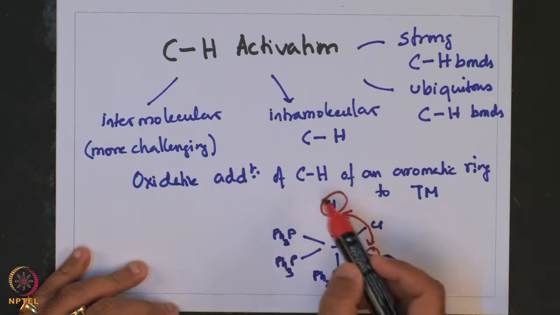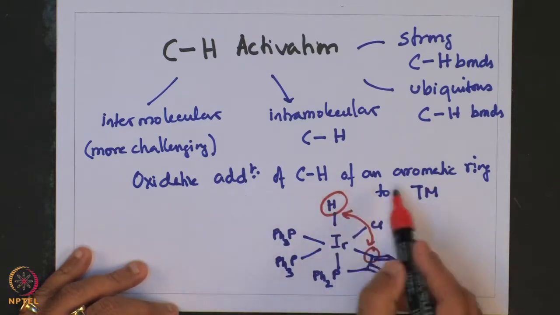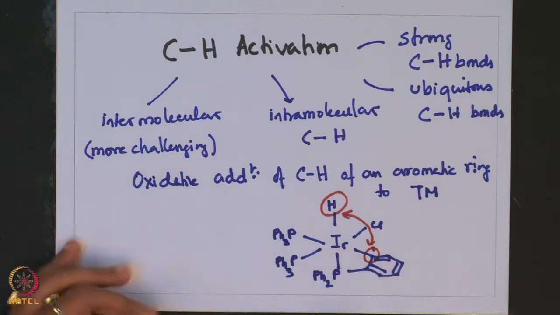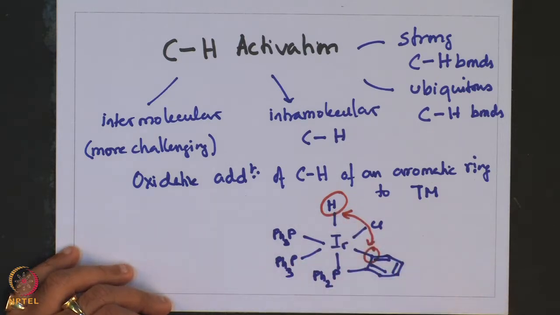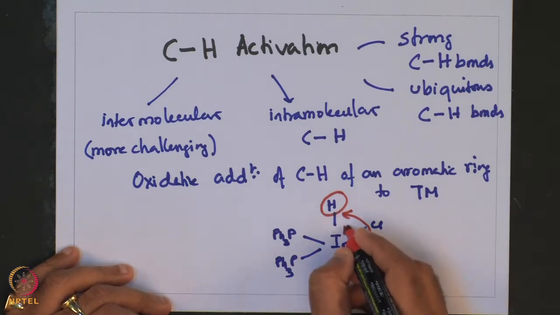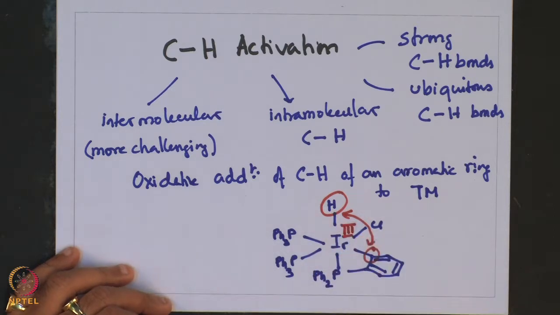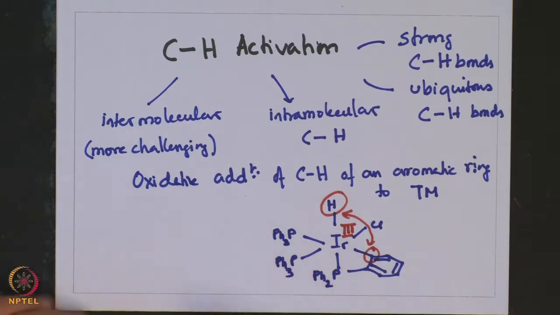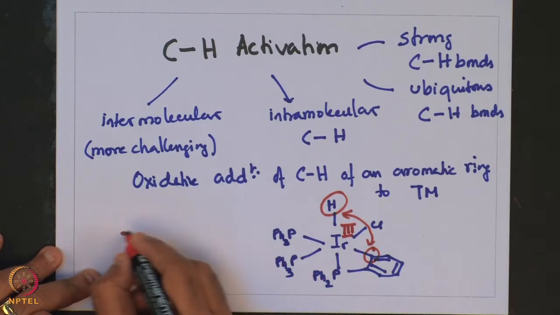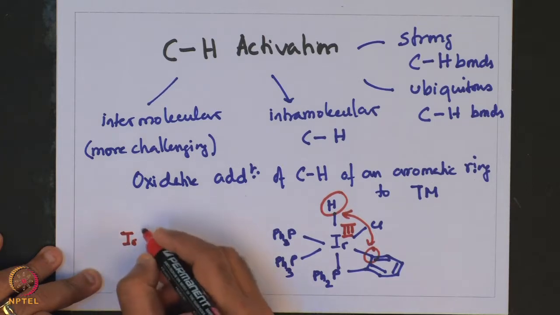So, this method involves the CH activation of this aromatic ring across iridium, and as a result the oxidation state of iridium increased. In the current complex it is iridium 3, whereas it started off from an iridium 1 complex.